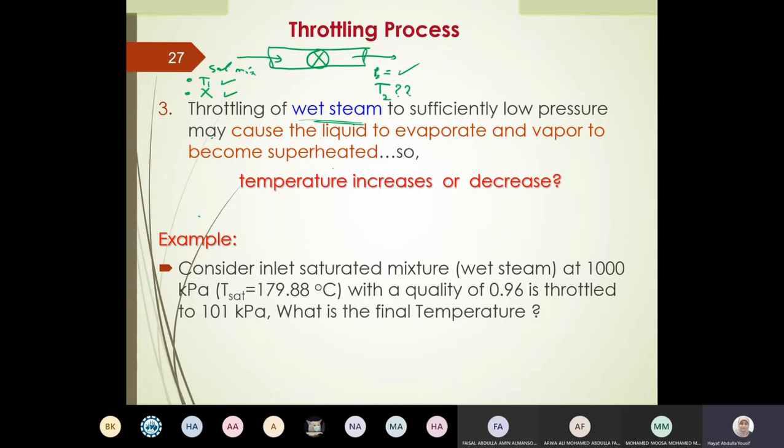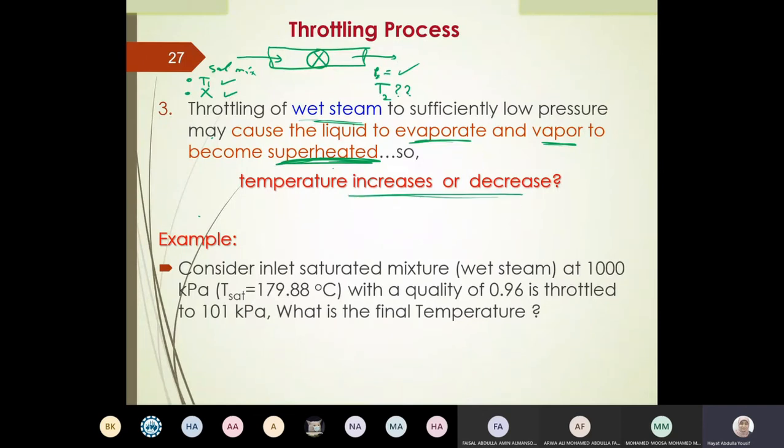The liquid inside the mixture will start to evaporate, to become vapor. It can be converted from saturated liquid to saturated vapor, or from saturated mixture to saturated vapor, or from saturated mixture even to superheated, because the lower the pressure, the more the shift towards the superheated vapor. But will the temperature decrease or increase?